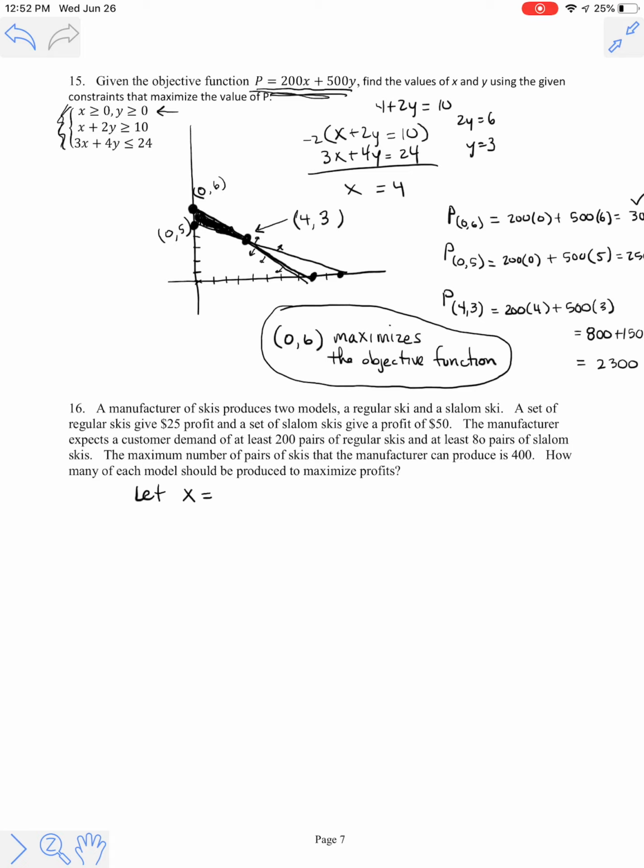Let x be the number of sets of regular ski produced, and that y be the number of sets of slalom.